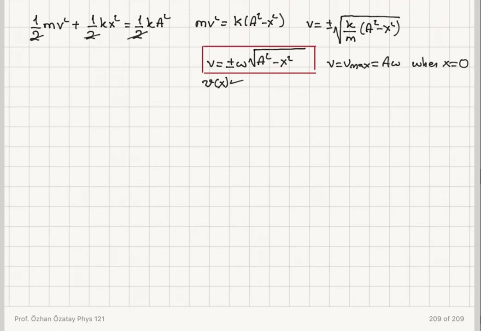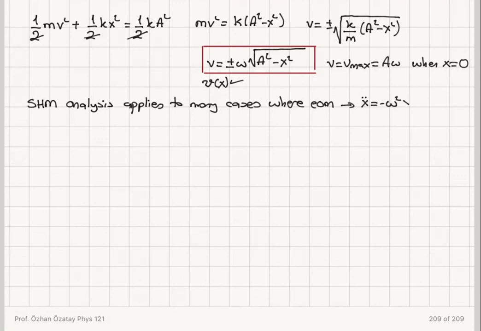Now, the simple harmonic motion that we study here is basically a very basic concept, and it will apply to many different physical phenomena. So the simple harmonic motion analysis applies to many cases where the equation of motion is of the form x double dot is equal to minus omega squared x.